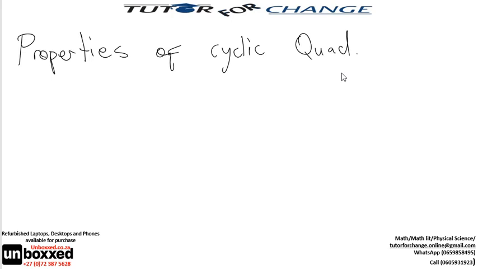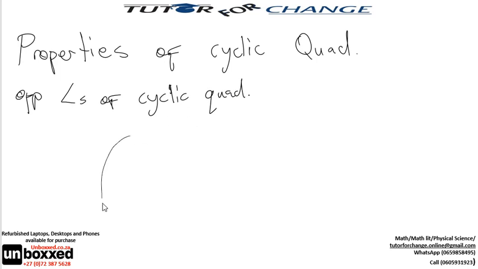So the first one is opposite angles of a cyclic quad. We've got our cyclic quad.